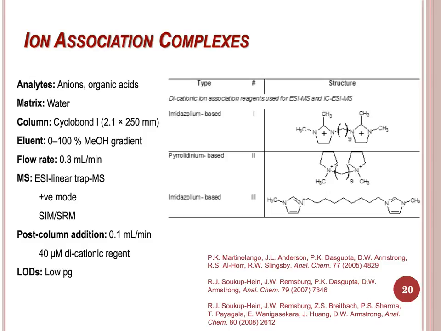Sukup Hein et al. showed that a dication anion adduct in the positive mode gave significantly better signal to noise and higher area counts than the negative mode for 4 out of the 5 anions detected in a tap water sample.